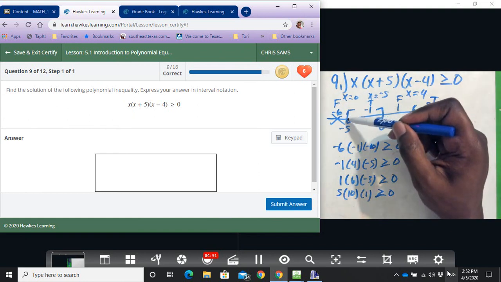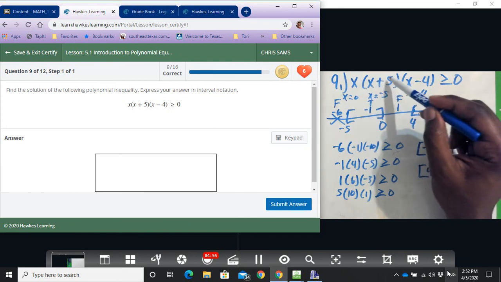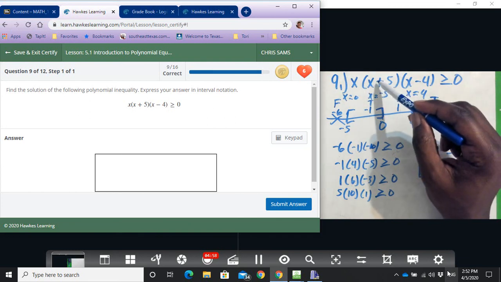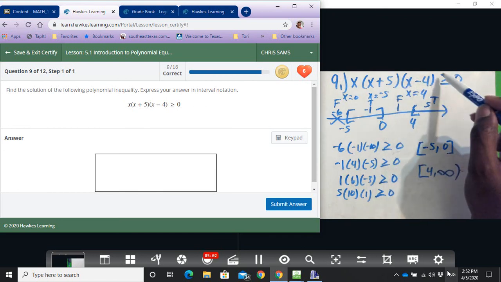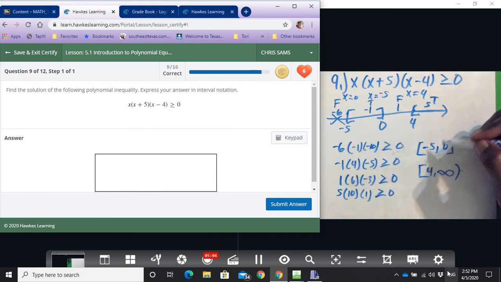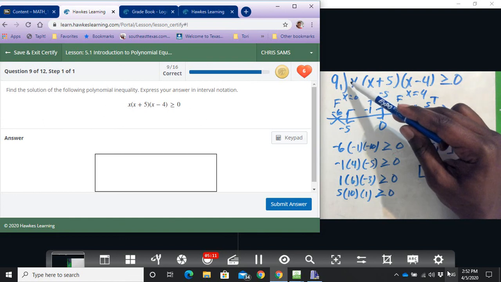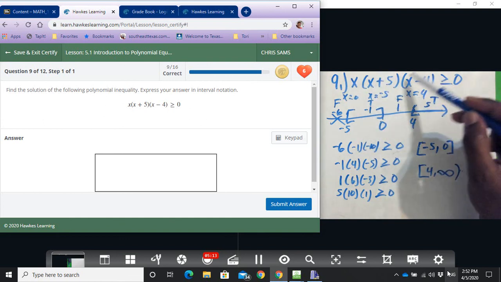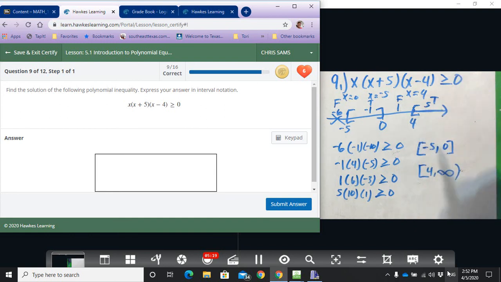If I did negative 5, this would be 0, and then anything times 0 is going to be 0. So 0 is greater than or equal to 0. That would be true. So this part is included. Now if I plugged a 0 in, 0 times anything is 0. So yes, these endpoints will be included. This endpoint is included as well.